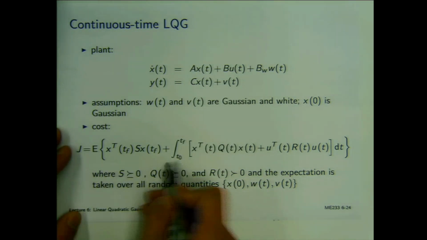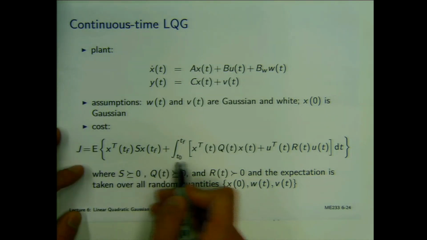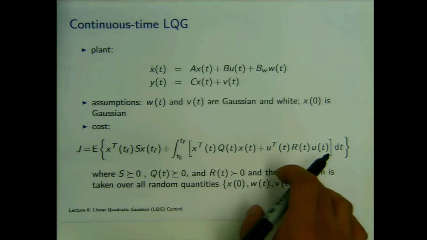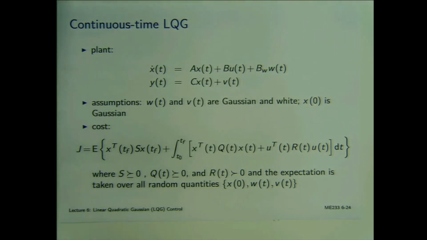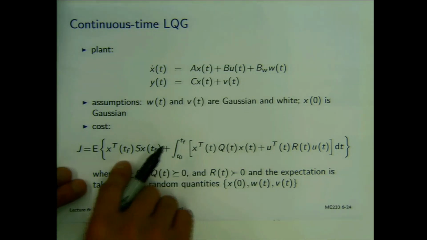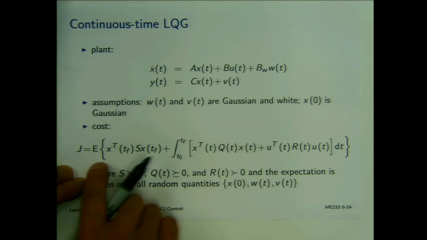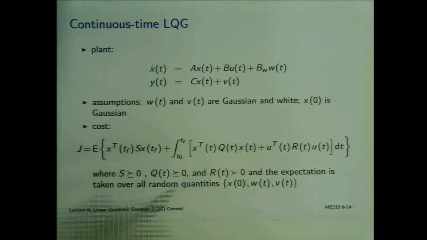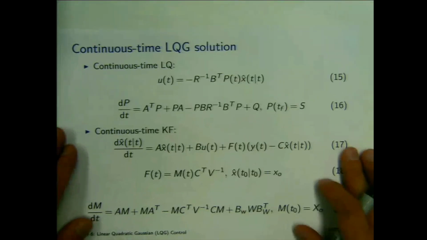Now, instead of summation, we have integration here. The derivation of the solutions, in the big picture, is kind of a limit case. So it's derived by taking the limit of the discrete time LQG problem. Then we get the continuous time version. The derivations are not required in exams. You would just need to understand how the solutions look.